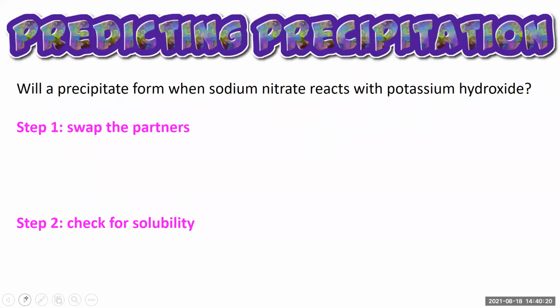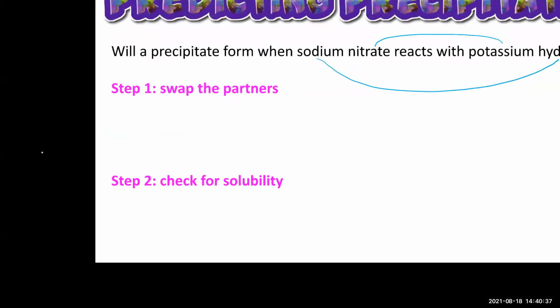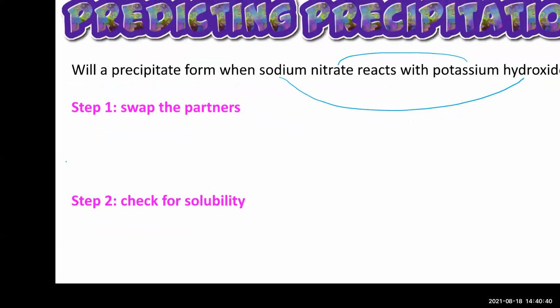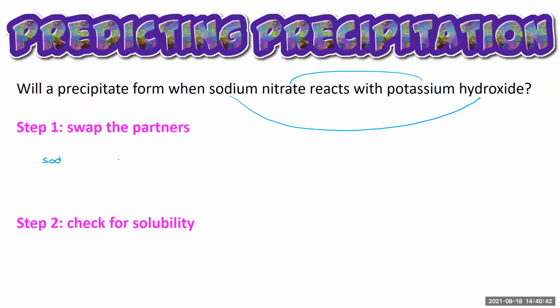I want you to try sodium nitrate and potassium hydroxide. Pause the video, come back in a sec. Okay, first thing, swap partners. Sodium hydroxide, potassium nitrate. Let's write them down. Next one, check the solubility.